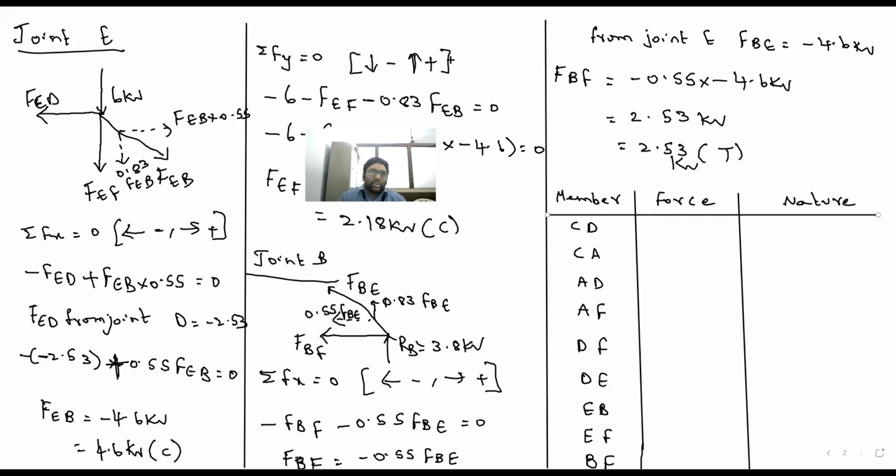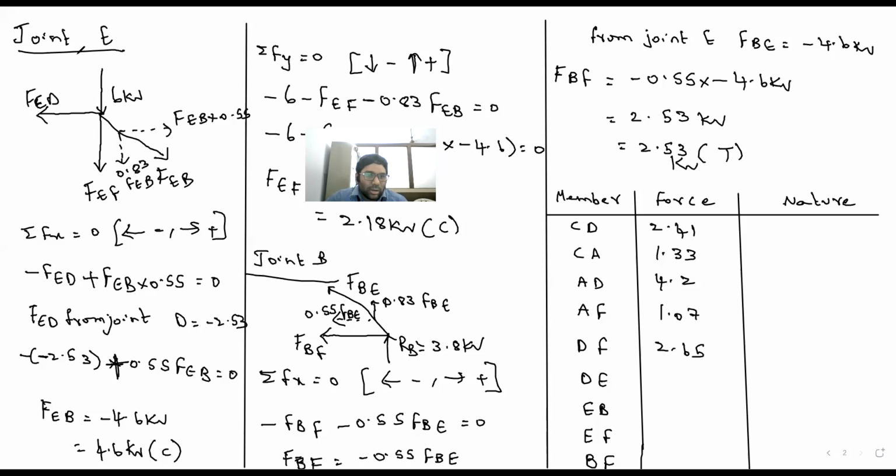So we should write all the forces here: 2.41, 1.33, 4.2, 1.07, 2.65. This is DE. What is DE? We got it previously.